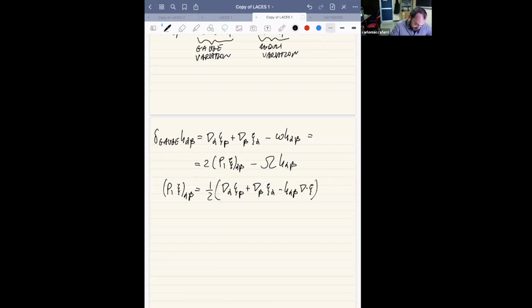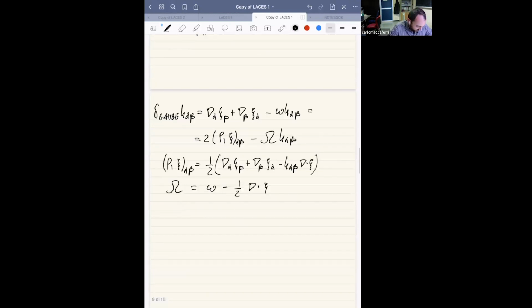And therefore this trace has to be compensated in this other object, the big omega, which is the small omega minus 1/2 the covariant divergence of the vector field psi. As I was telling you, these are just definitions.